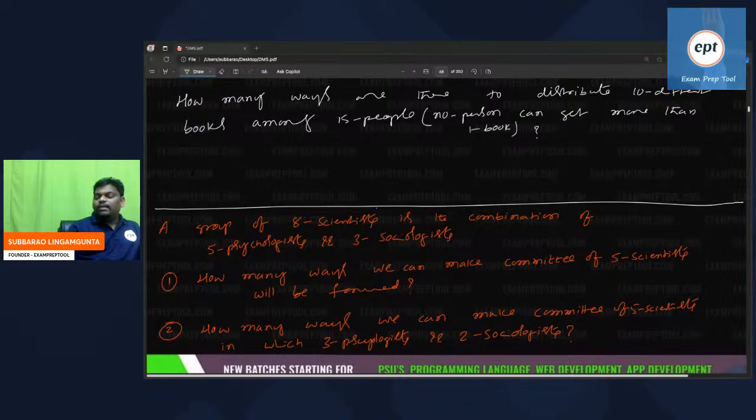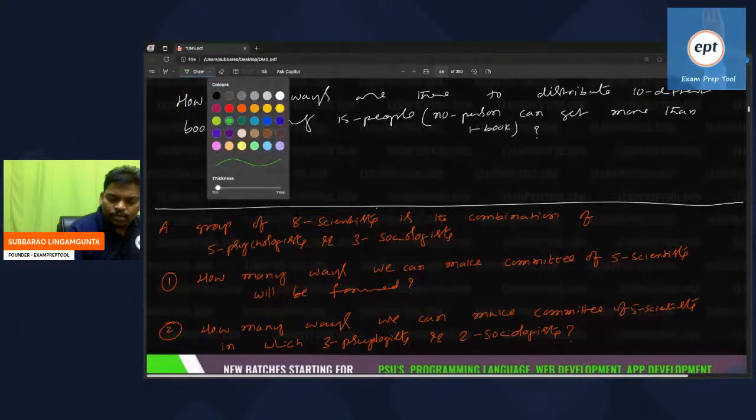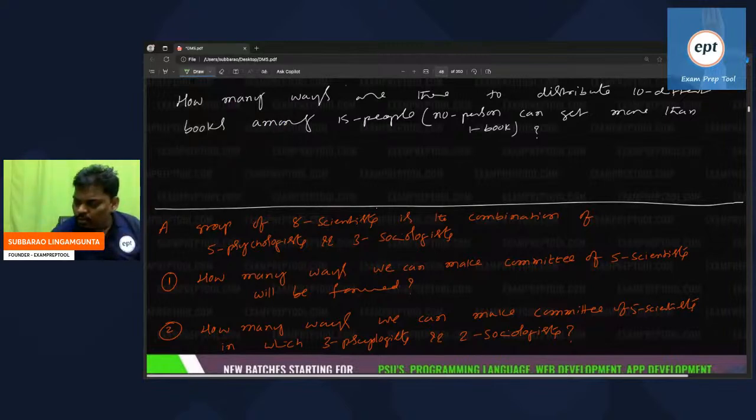I may give the names: book B1, book B2, book B3, and so on, book B10, between 15 people, person P1, person P2, and so on, person P15. No person can get more than one book.